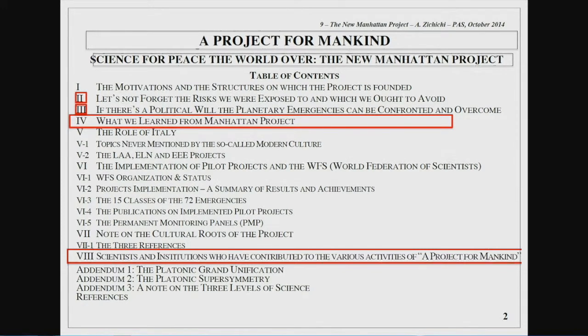Let us not forget the risk that we have been exposed to, and the incredible fact that in 1940 the word nuclear did not exist. In 1945, a scientific discovery called nuclear fission produced nuclear reactors, which is nuclear fire, 1 billion times more effective than the electromagnetic fire, and Hiroshima and Nagasaki.